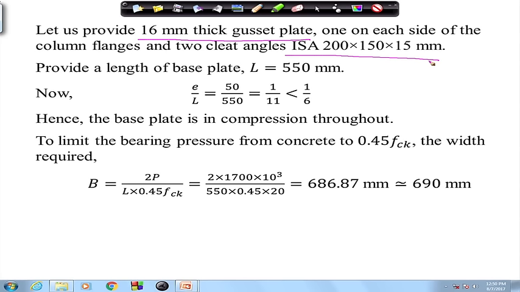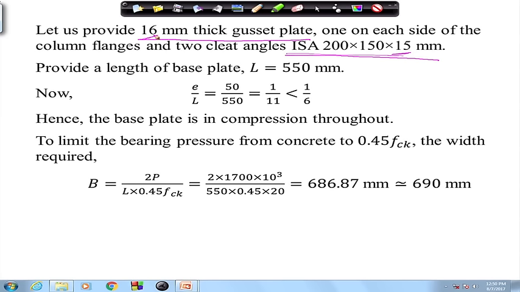If it is so, then we can hold the number of bolts properly. So we are providing the larger leg of the angle vertical, and the thickness of the angle we have considered as 15 mm, which is approximately equal to the gusset plate thickness, because both thicknesses should be more or less equal, as we told earlier.